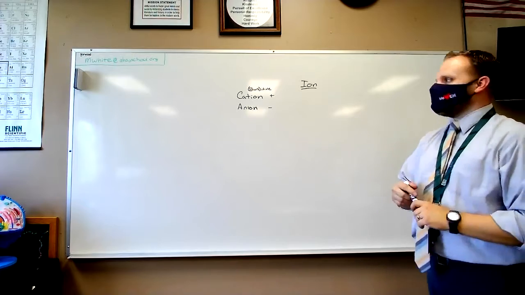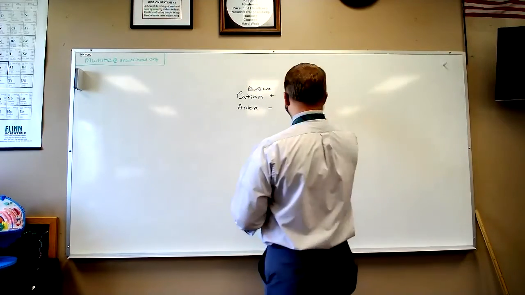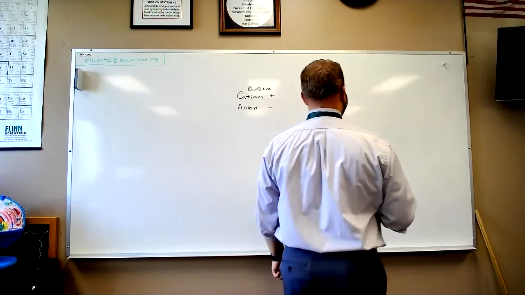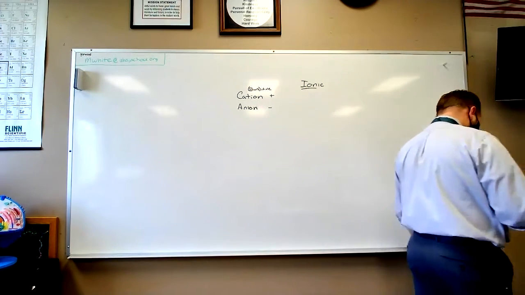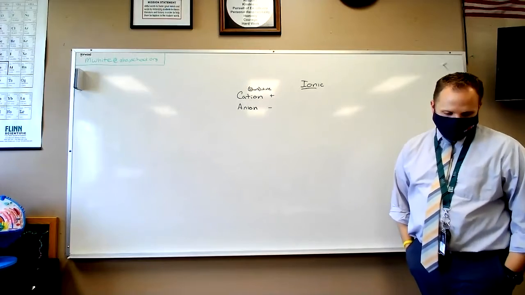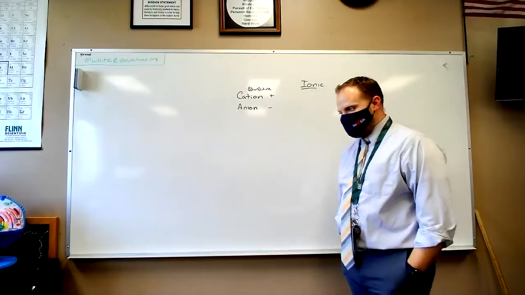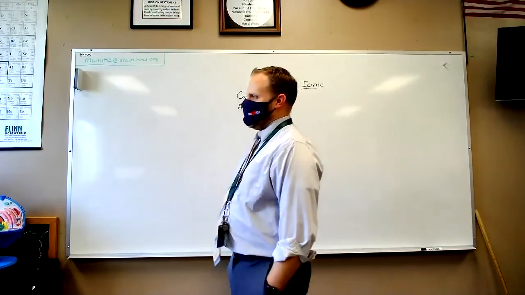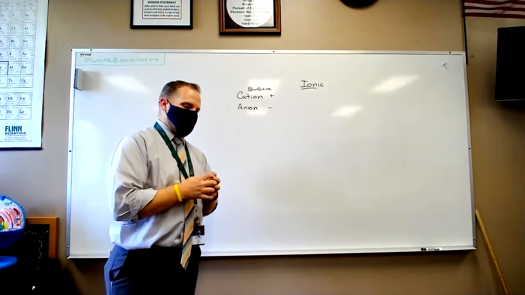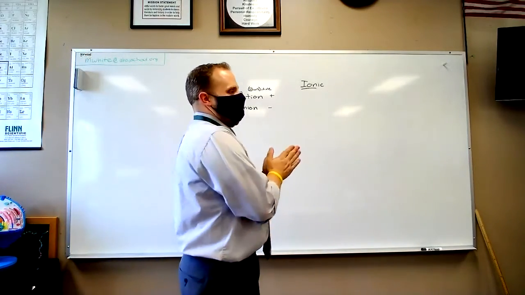The first way that we are going to talk about deals with ions. In fact, we call it ionic bonding. Ionic bonds are, well, they're not true bonds. They're more of interactions.